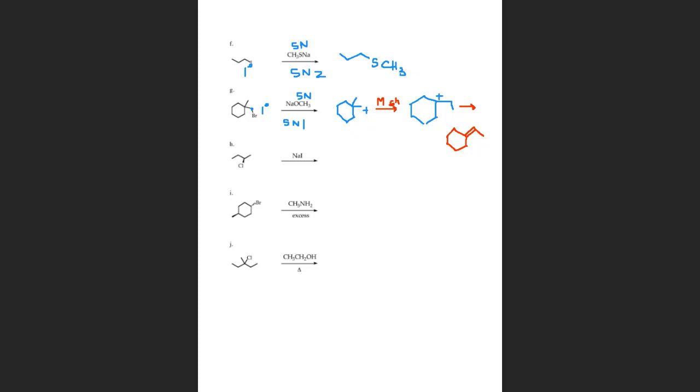So you could do it right here because it has three. You could pretty much act like the OCH3 is going to act like a base and attack this hydrogen right here.